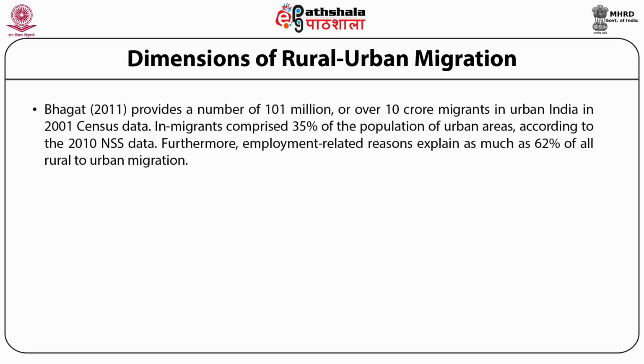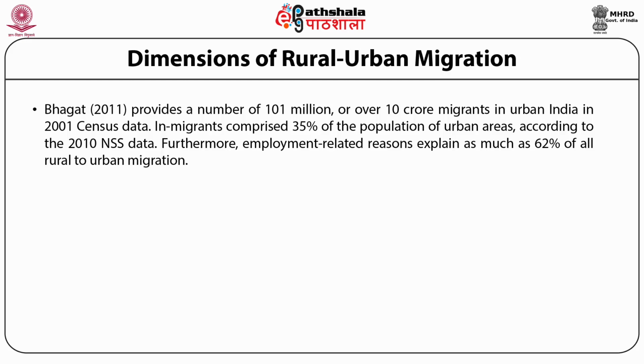Bhagat provides a number of 101 million, or over 10 crore, migrants in urban India in the 2001 census data. According to the 2010 NSS data, in-migrants comprise 35% of the population of urban areas. Furthermore, employment-related reasons explain as much as 60% of all rural to urban migration.